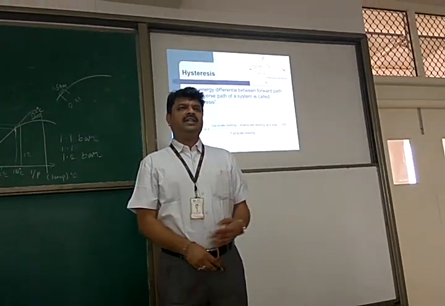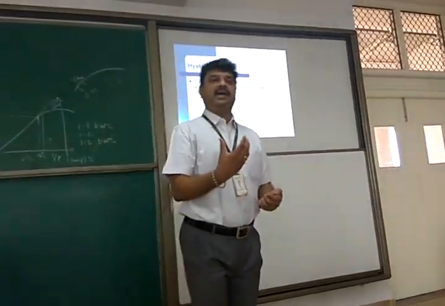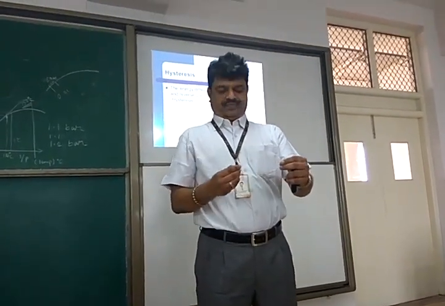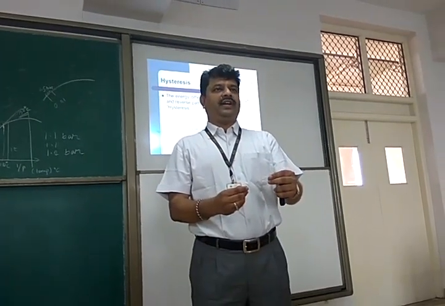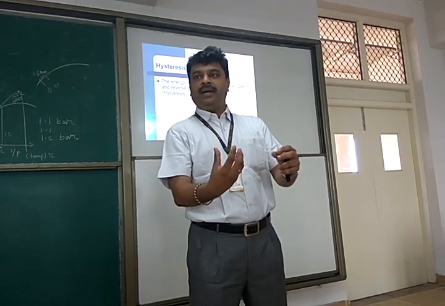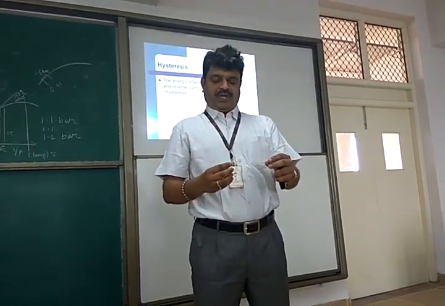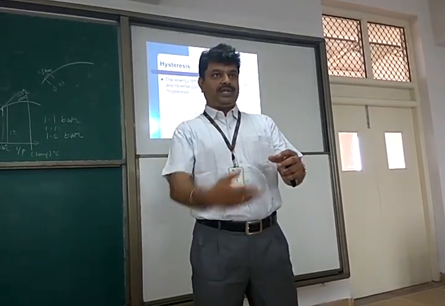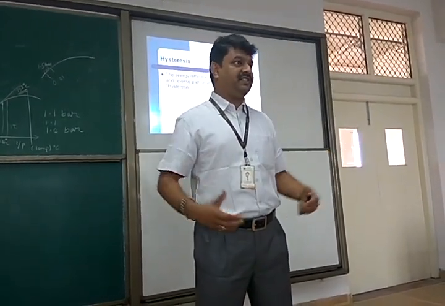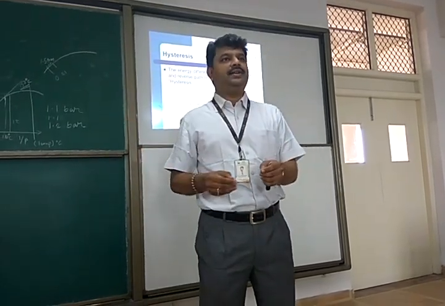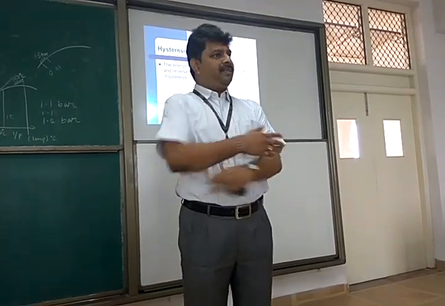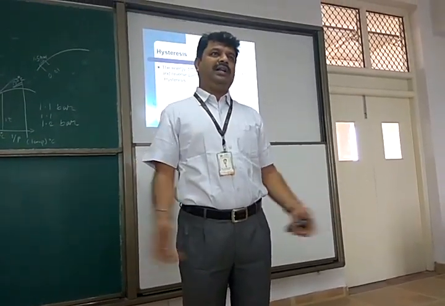hysteresis. Take an electromagnet, an iron core, put a coil over it, and supply a small amount of current. With that current, it becomes an electromagnet. You increase the current, it becomes a stronger and stronger magnet. Magnetic field strength increases. Then you keep reducing it, and the magnetic strength comes down. You cut off the circuit, no current, remove the coil, everything.